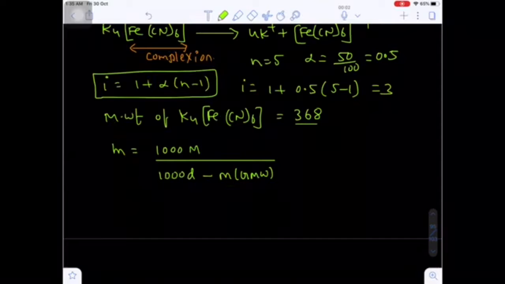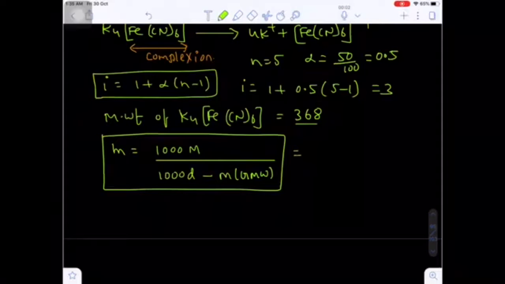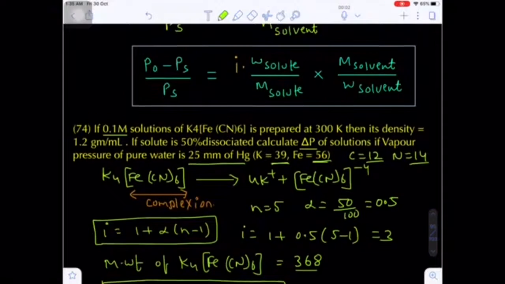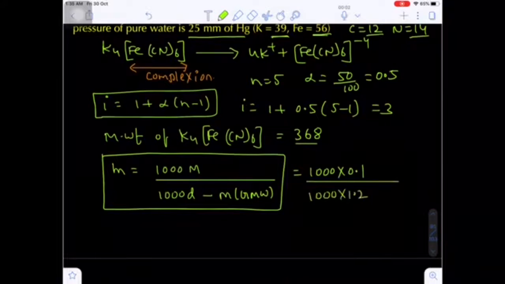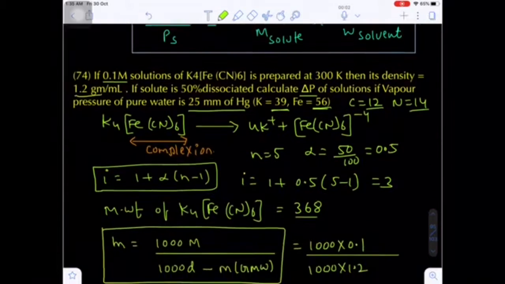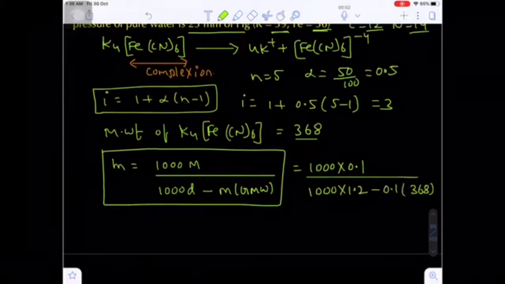This is a very important relation between molality and molarity. 1000 into the molarity given in the question, 0.1, whole divided by 1000 into the density of the solution given, 1.2, minus the molarity 0.1 into the molecular weight 368.